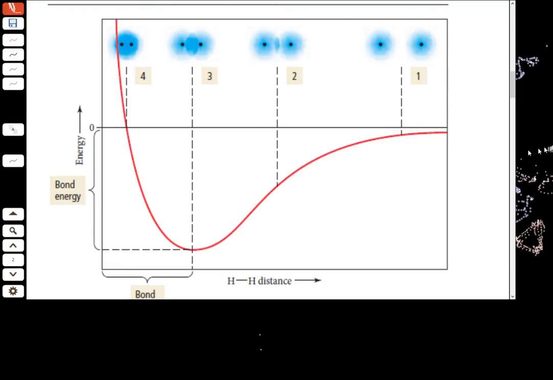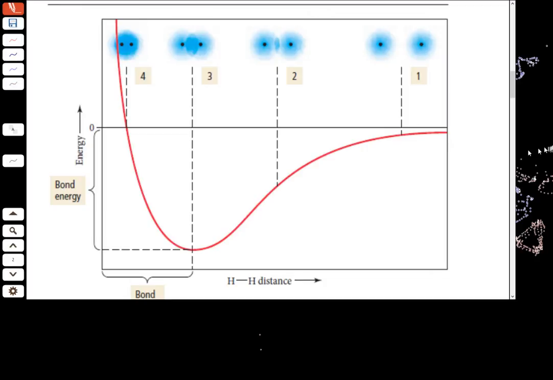Again, we often think of orbitals as areas containing electrons. But really, remember, electrons are both particles and waves at the same time. So the orbital is actually a description of the electron itself, not just the area where the electron is. So if you have 2 1s electrons on 2 hydrogen atoms, as the hydrogen atoms get closer and closer together, the interaction energy between those orbitals stabilizes the molecules. And we call that a bond.